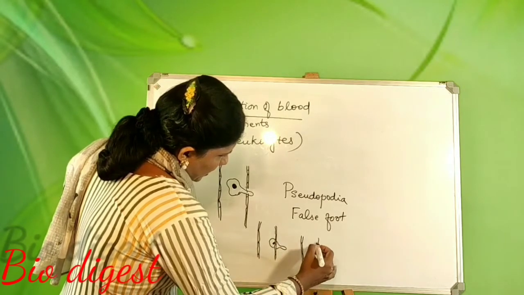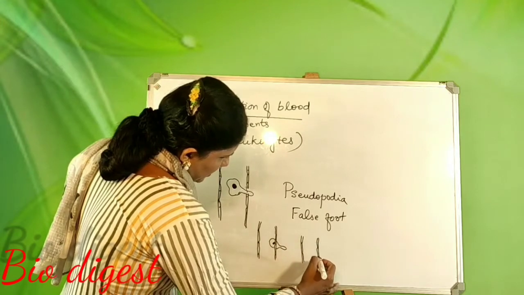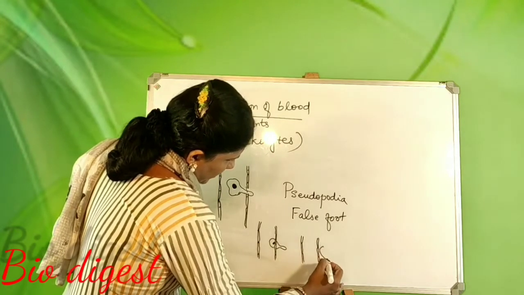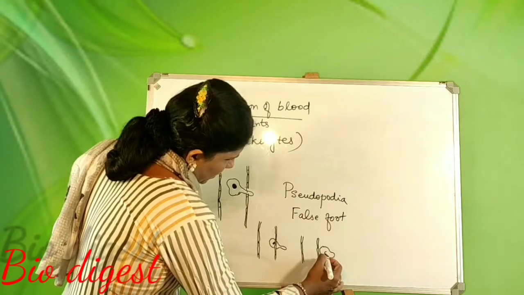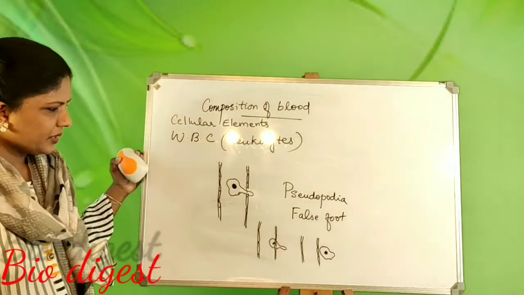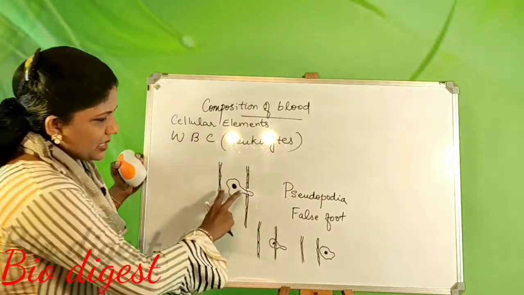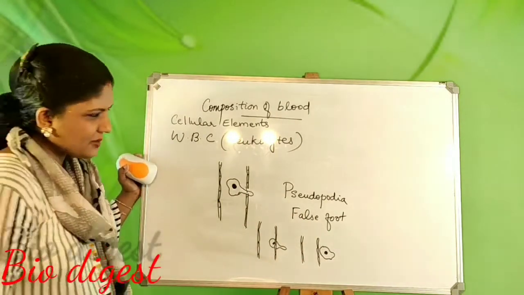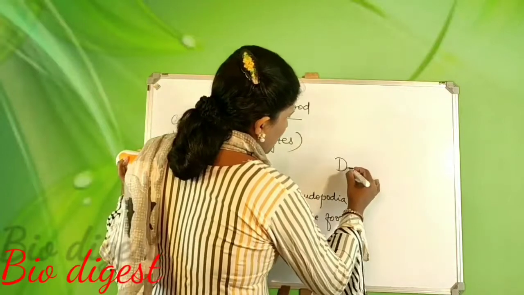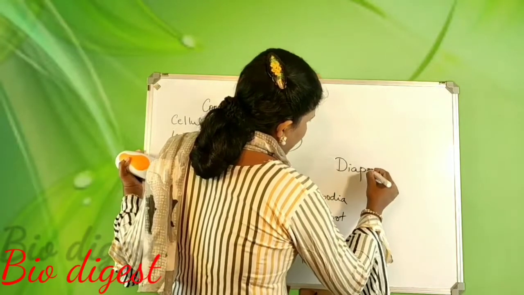They will come out of these capillaries. Okay, so I have shown these various diagrams. What is this process called as? This process is what is called as diapedesis.